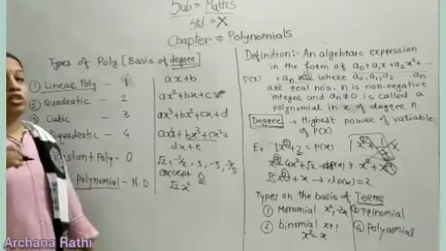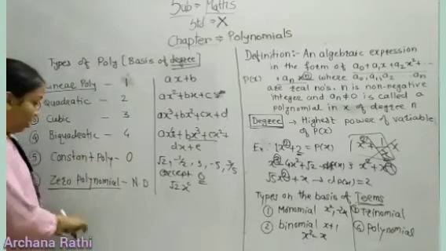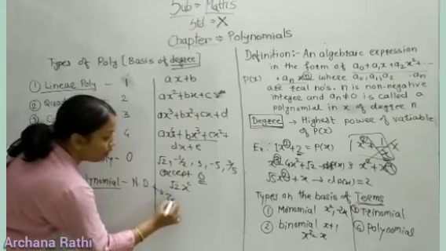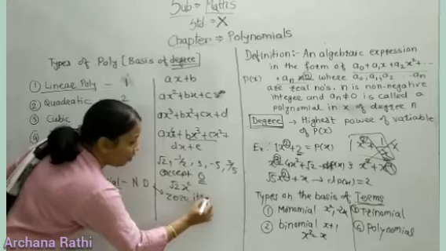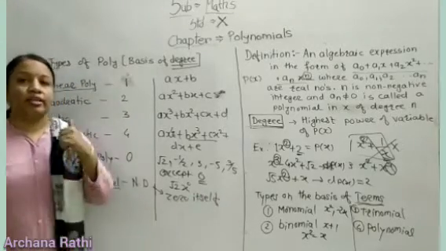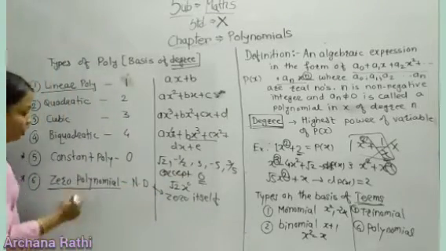Now what is the 0 polynomial? I am talking about the 0 polynomial, not the 0 of the polynomial. The 0 polynomial is the number 0 itself. Only 0 itself is called the 0 polynomial, and the degree of the 0 polynomial is not defined. Why is it not defined?